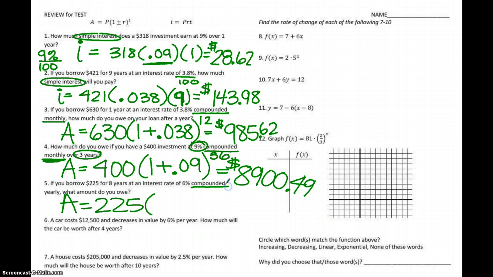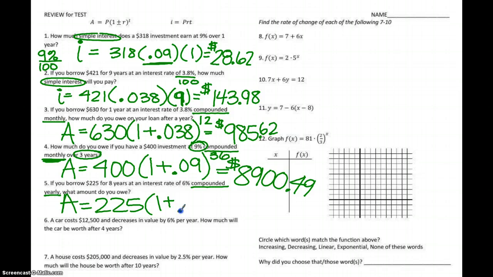again, this one is compounded yearly, so I knew that I was using the A equals P formula because it's not simple interest. So A equals 225. And then 1 plus our rate on this one, which is 6%.